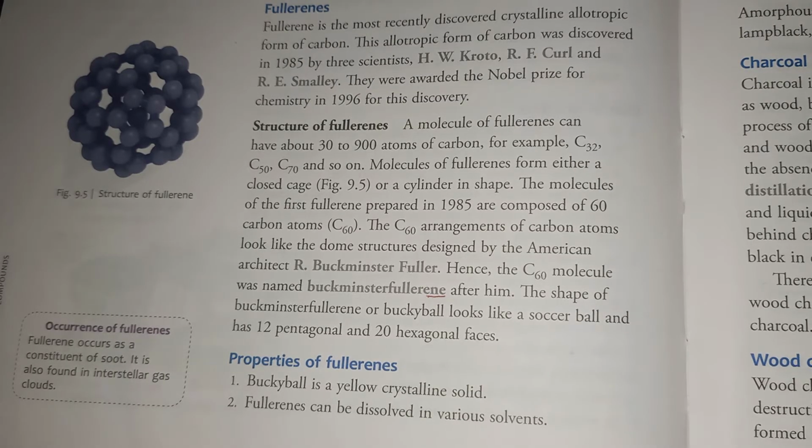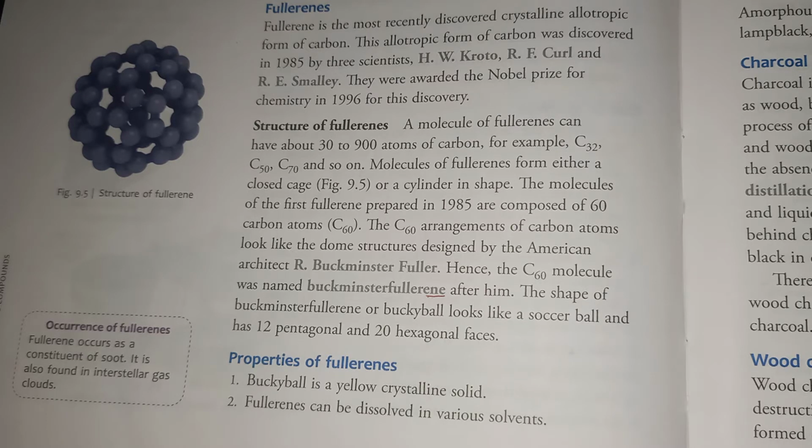So I hope you are clear now about the name fullerene. It is the crystalline allotropic form of carbon, which is made up of carbon atoms connected to each other by single and double bonds.